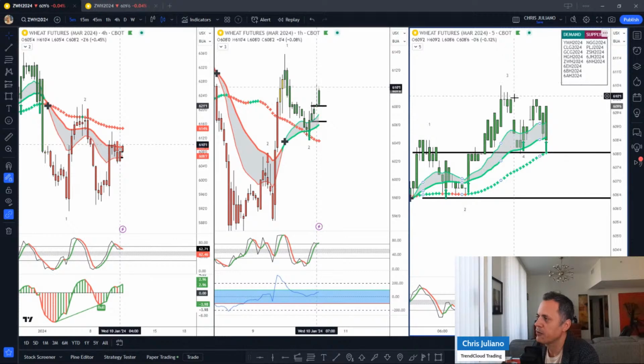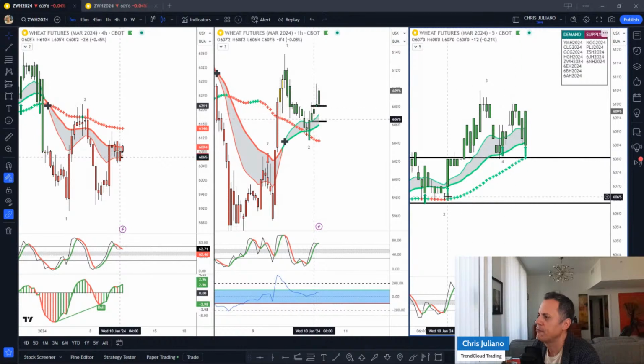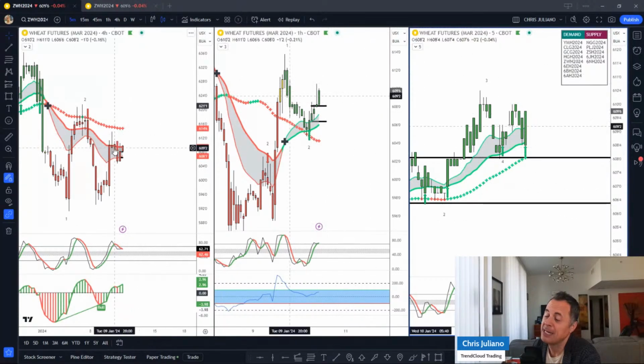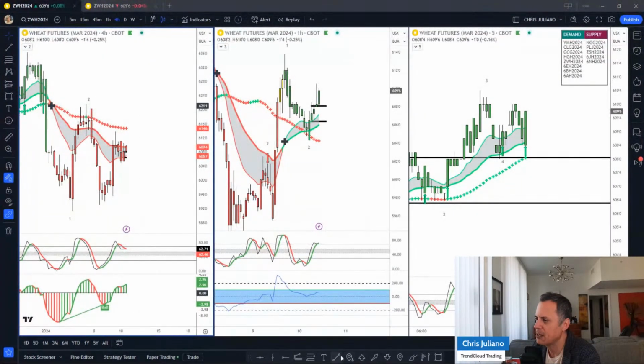That has worked, and now it's sort of pulling back and going sideways, right? So the 5-minute signal and the 15-minute signal are still working, but we're in this pseudo uptrend and we're in a downtrend on the 4-hour chart. So the high time frame is actually setting up right now.